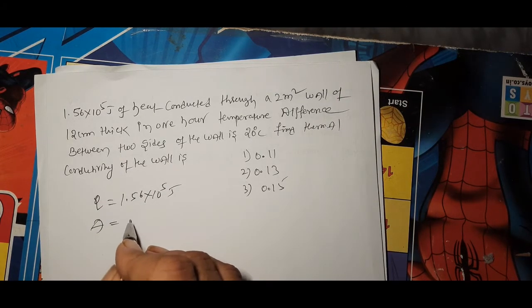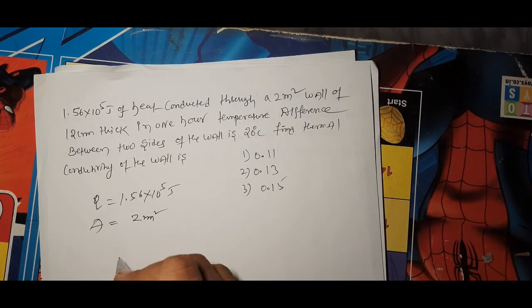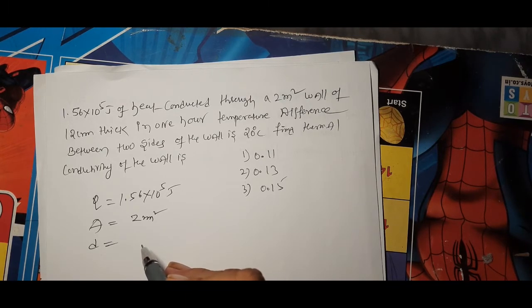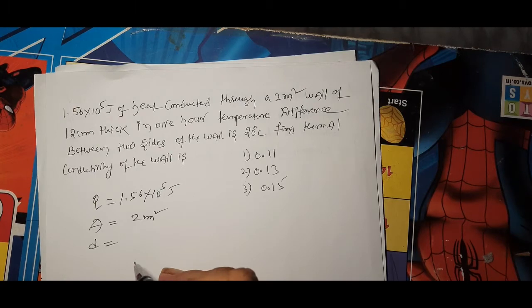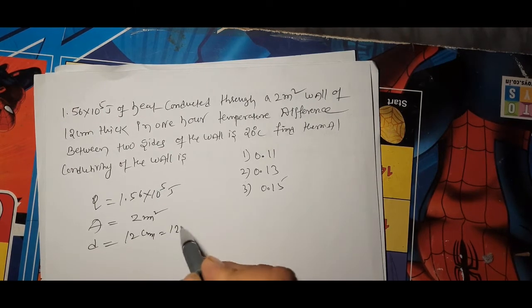So, area of wall is 2 meter square and thickness, that means D, is equal to 12 centimeters, that is equal to 12 into 10 to the power of minus 2 meter.